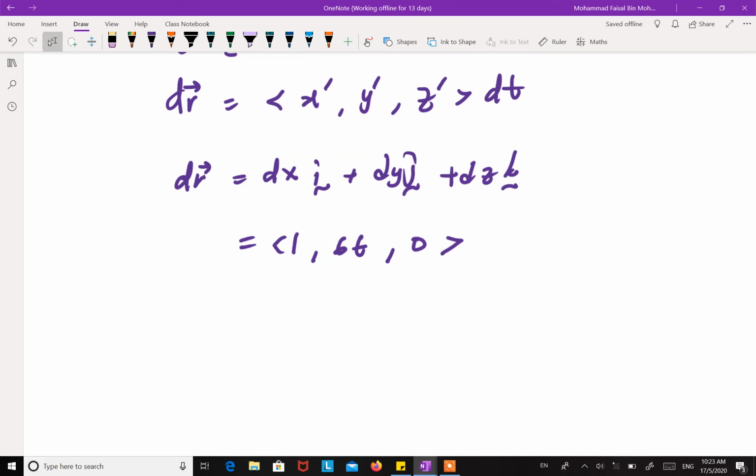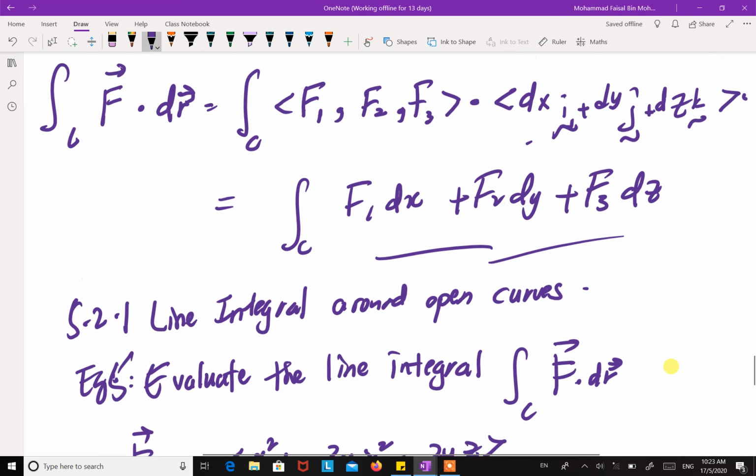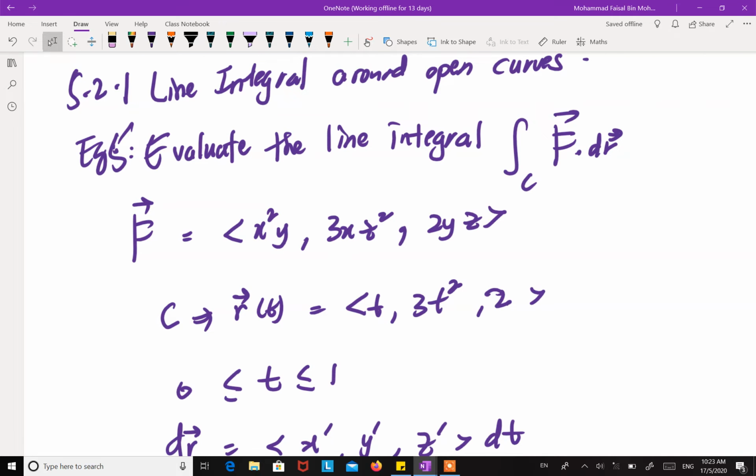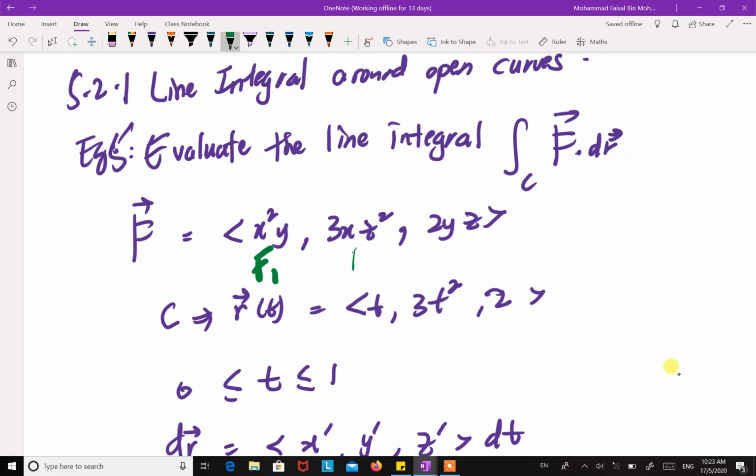So your integral of f dot dr will be the integral over C of f1 dx plus f2 dy plus f3 dz.